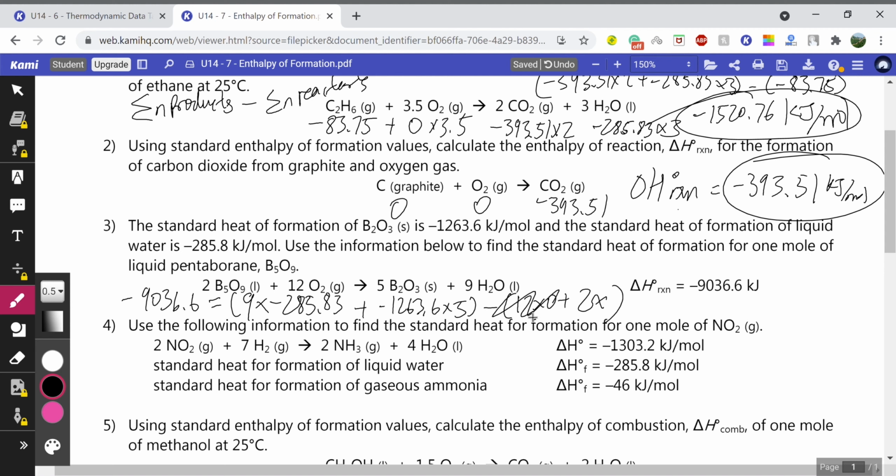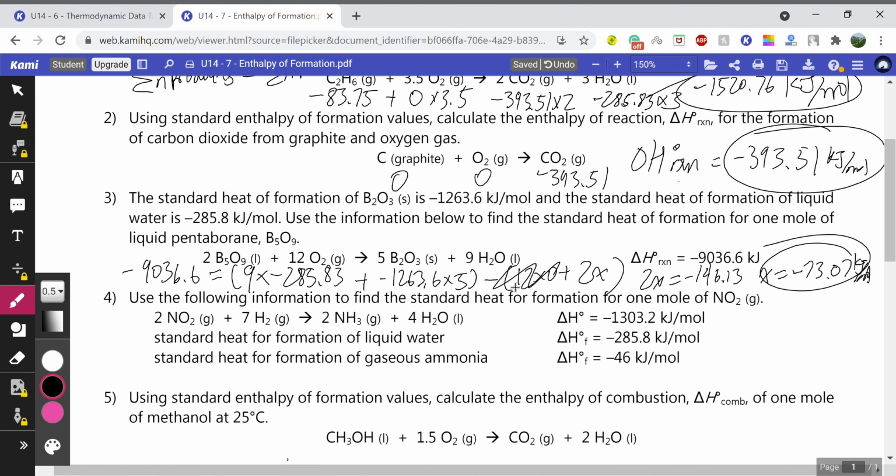It is negative 8890, and we would subtract that from negative 9036.6, and we get 2x is equal to negative 146.13. Divided by 2, we get x equal to negative 73.07 kilojoules per mole. Oh, sorry, this is negative 2x on this side, so it's actually going to be positive 73.07 kilojoules per mole.